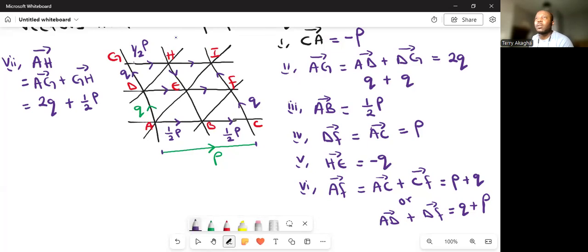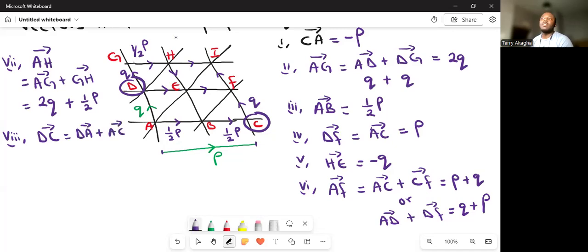Then the next one, number 8. We've talked about AH, so now we're going to talk about DC. I want to move from D to C. So I want to start from D, and I'm going to end in C. What I can do is go from D to A, plus, and I go from A to what?